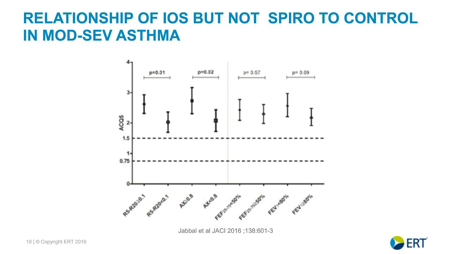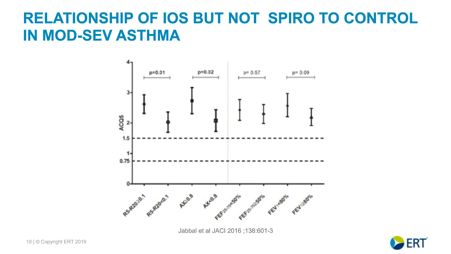But when you look at the same patients broken down according to spirometry, whether that be an FEV1 or an FEF 25-75 cutoff, we didn't see the same difference in ACQ-5. So clearly this is telling you, in relation to asthma control measured with the ACQ score, that impulse oscillometry is more sensitive than measuring spirometry.